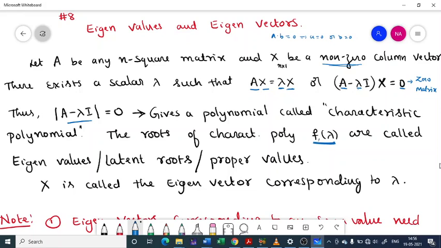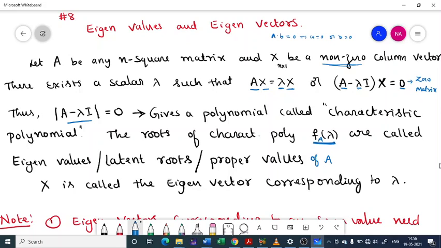So more specifically, you have to write this as f A of lambda, so that it is the characteristic polynomial of the matrix A. So the roots of that polynomial are called eigenvalues or latent roots or proper values of A. That is one more point you have to keep in mind.